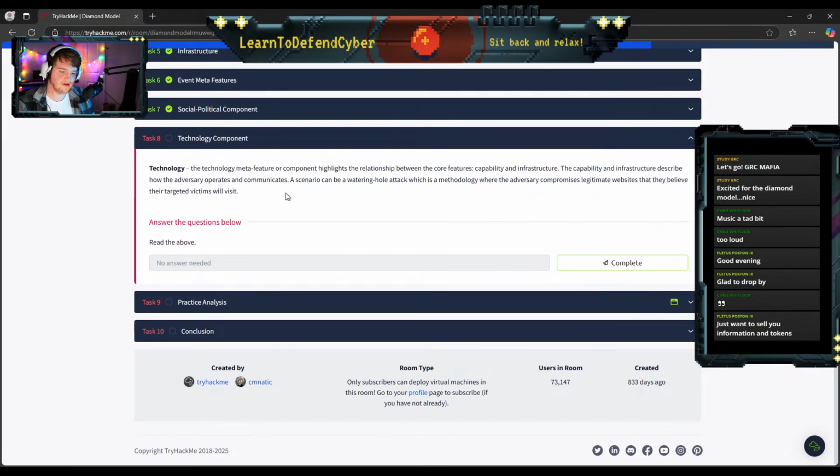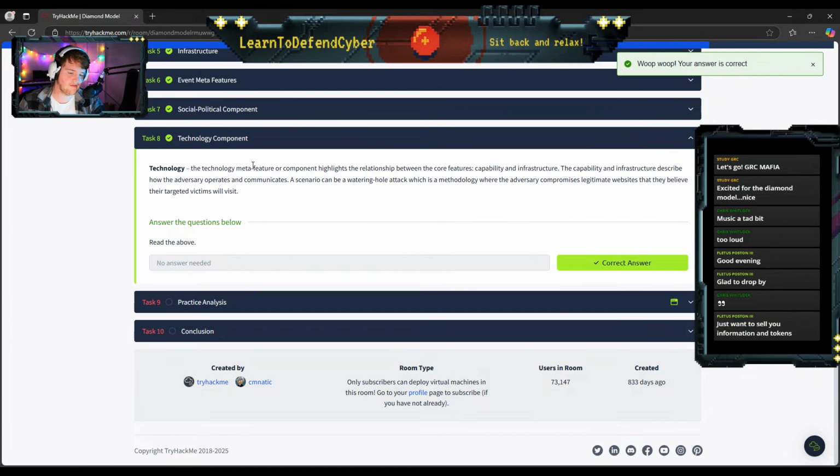Technology component. The technology meta feature highlights the relationship between the core features, capability and infrastructure. Capability and infrastructure describe how the adversary operates and communicates. A scenario is the watering hole attack, where adversaries compromise legitimate websites and then place malware, malicious links, etc. on that legitimate website.